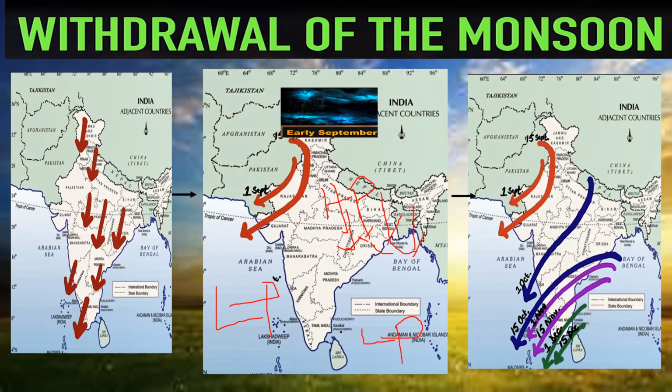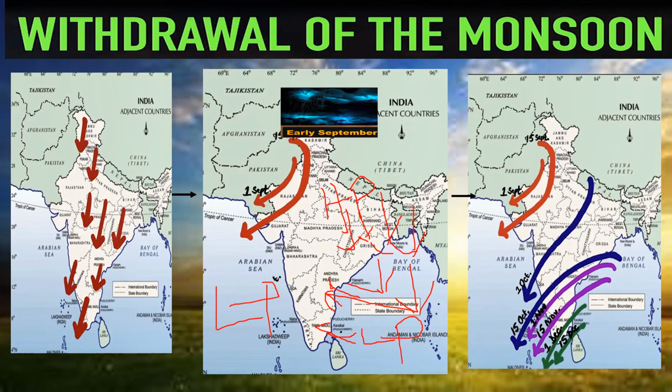So when this wind blows, it comes in contact with the Bay of Bengal, and due to the Coriolis effect, it takes a right turn and enters into the eastern coastal plains in the south of India.